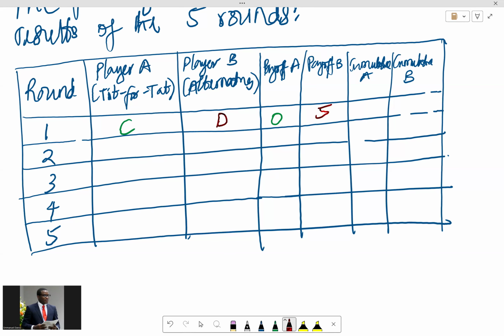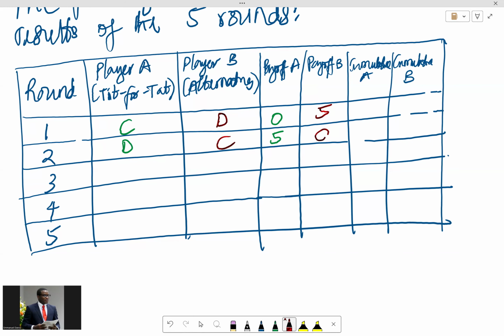Going forward, player A does the same thing player B does. So player A now defects and player B cooperates, because player B's strategy is alternating: defect now, cooperate later. The defector again gets 5 points and the cooperator gets 0.